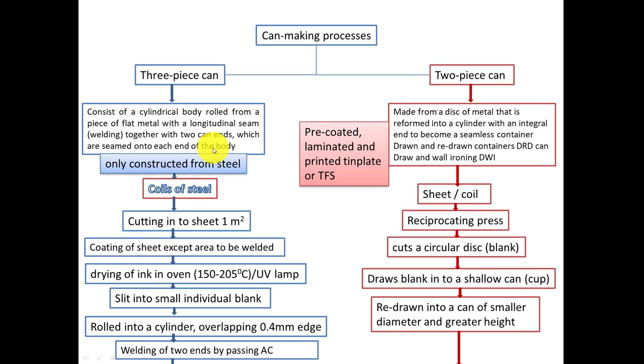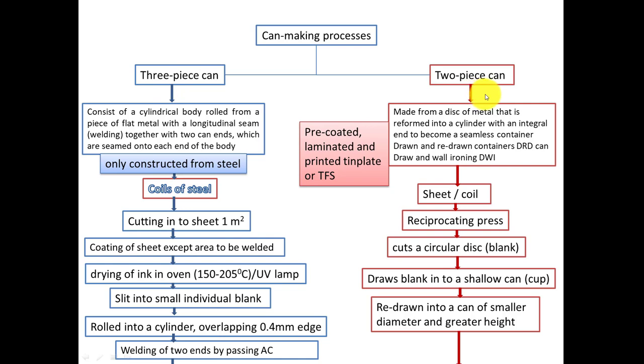There is a piece of flat metal. It is rolled into a cylindrical body, and then it is turned into a hollow cylinder with a longitudinal seam by using welding. After that, the two can ends are seamed onto each end of the body. In this way, the three-piece can is manufactured.